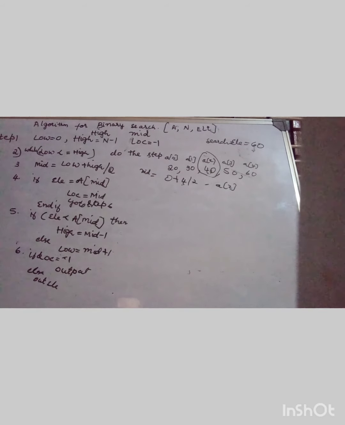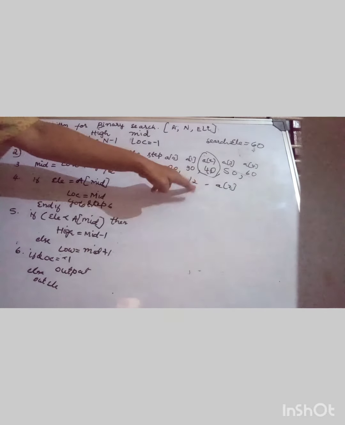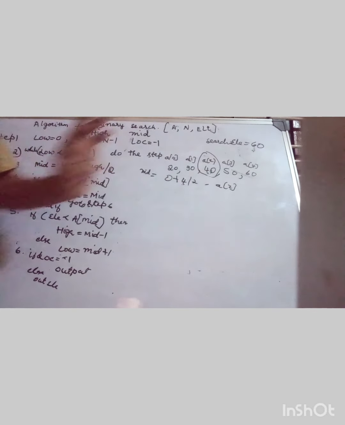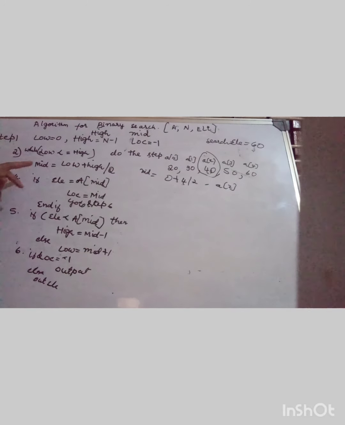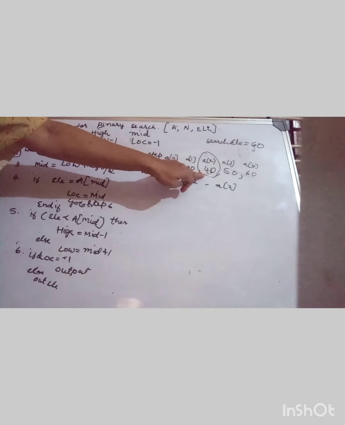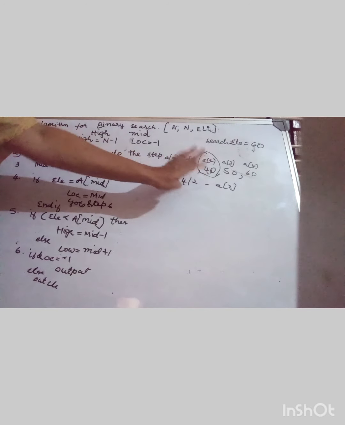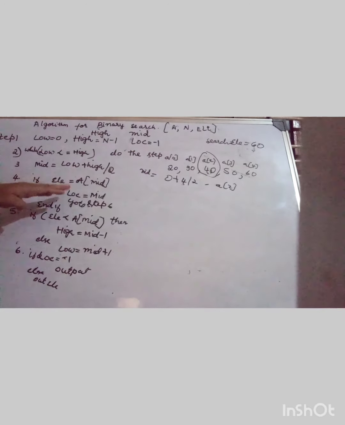We have to search for element 60. 0 plus 4 by 2, mid is equal to low plus high by 2, that is A of 2. If element, that is 60, is equal to A of mid, is 60 equal to 40? Is it correct? No, it's wrong. So location is not set to mid. Then it will check for the next step.